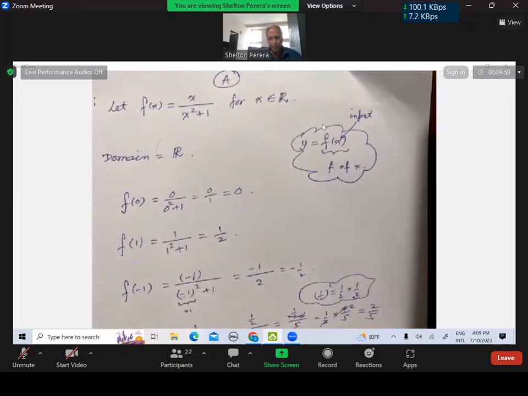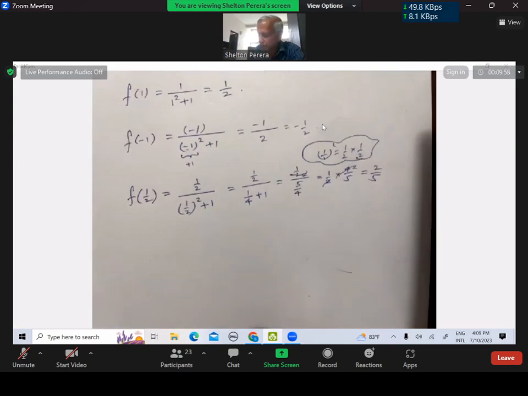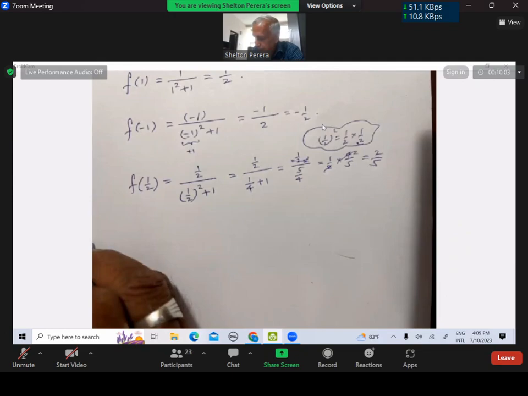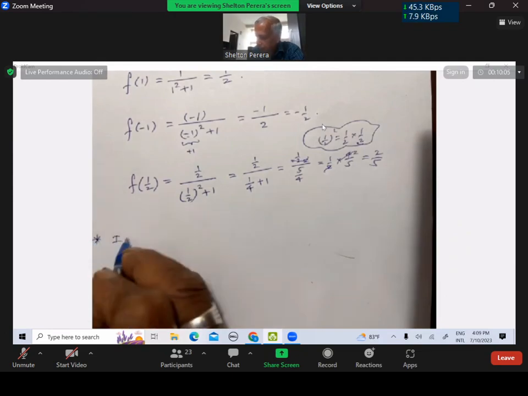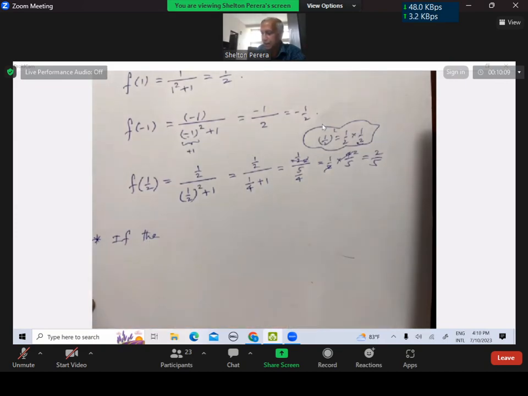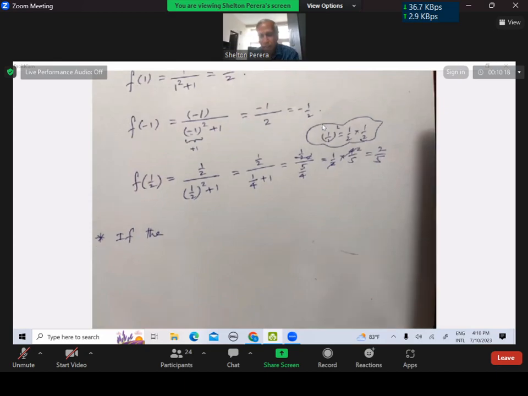Now, sometimes the domain is not given. Just the rule is given. So how do you figure out the domain in such cases? Ideally a function is a rule, and we have to mention the domain, the set of all inputs that can be taken for this rule.